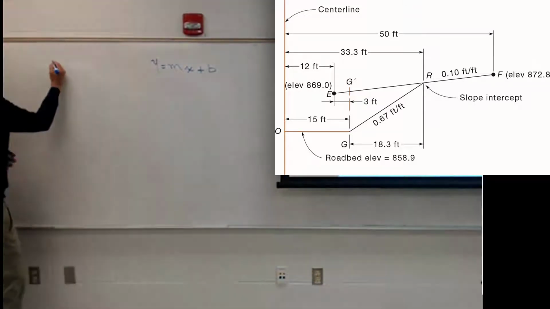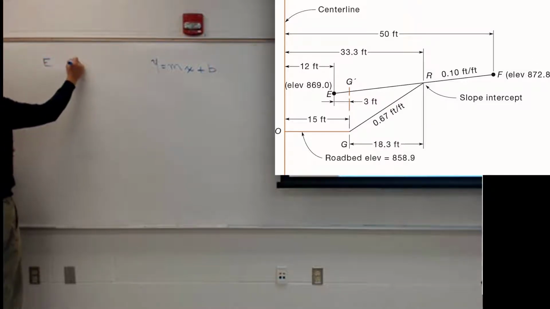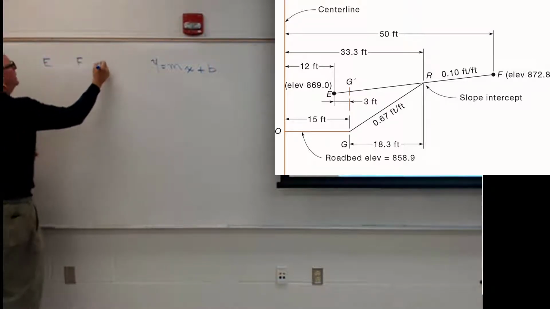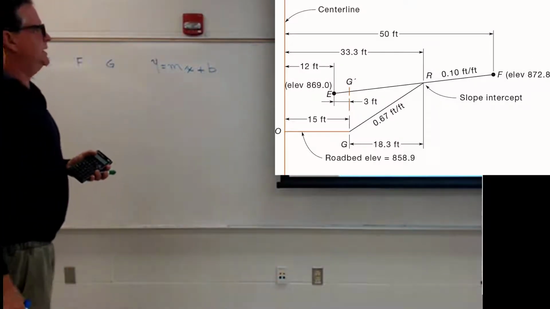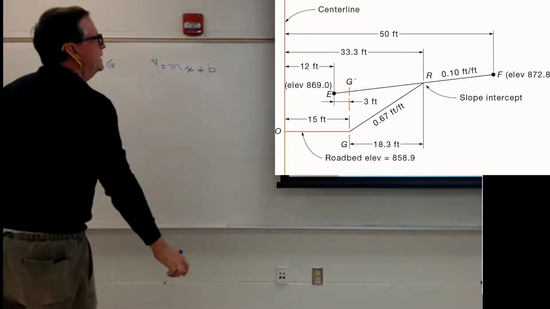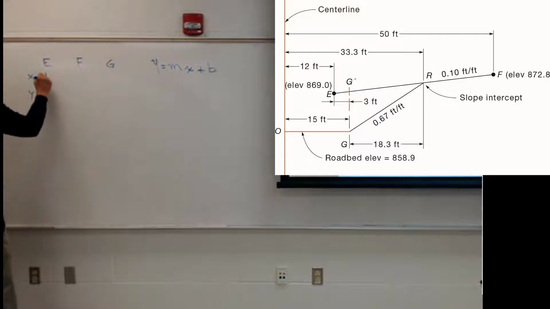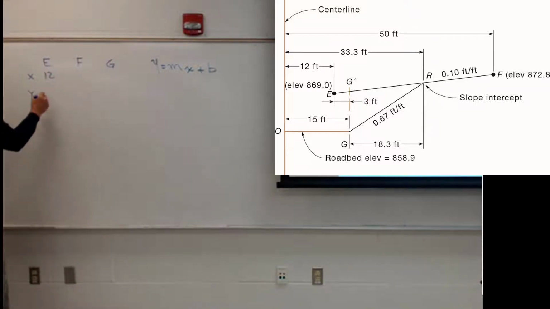So the tabular information y'all got was for E, F, G, with the X and Y coordinates, right? So in this case, let's just look at this one. E is 12 and 869.